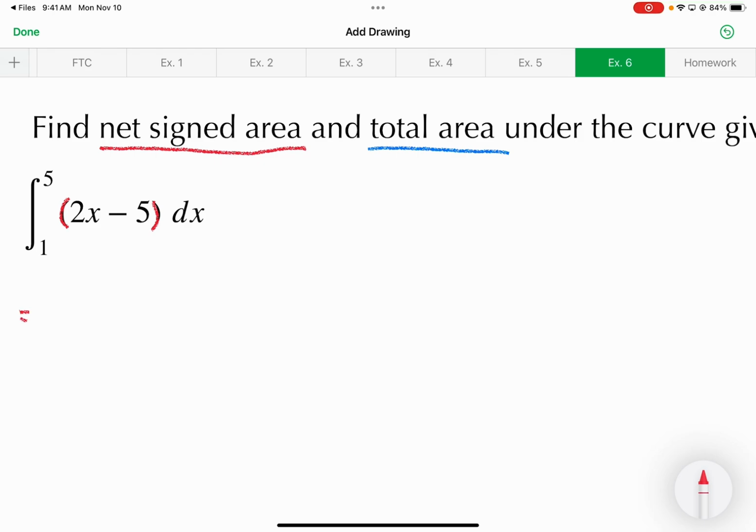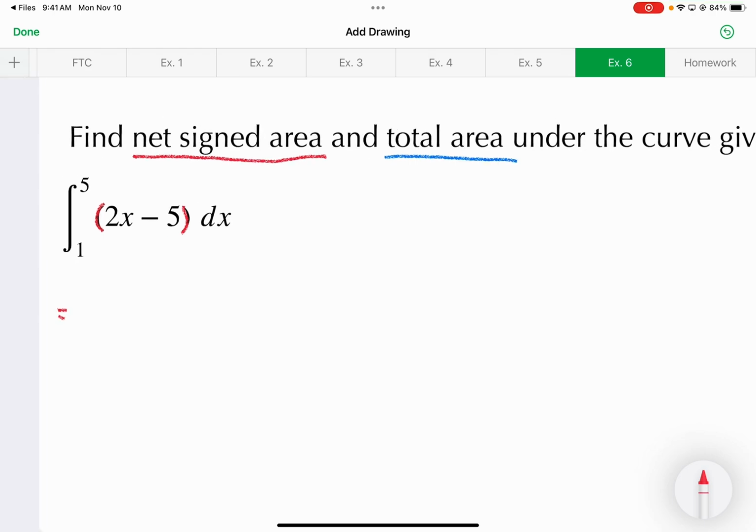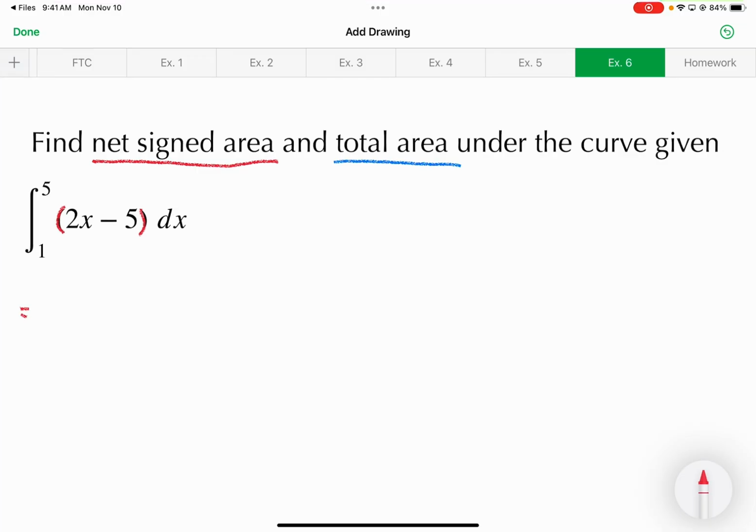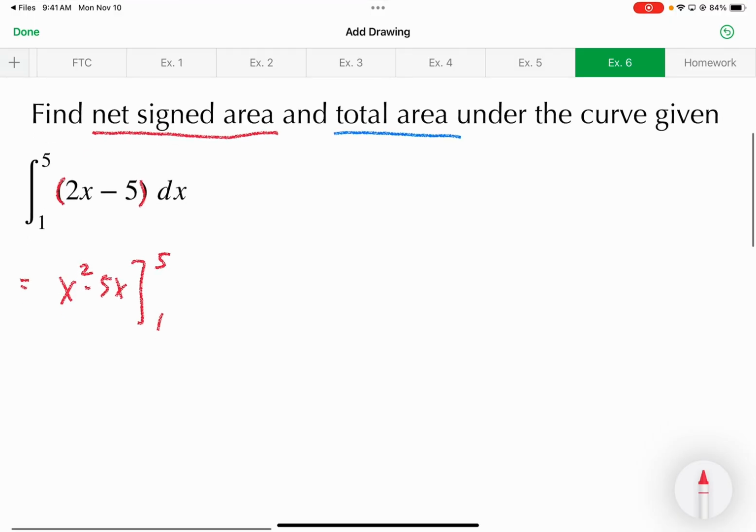All right, so antiderivative of 2x minus 5. We'll just do this as we did all the other examples. So x squared minus 5x, and I want to evaluate that from 1 to 5. Which gives me 5 squared minus 5 times 5, and then minus 1 squared minus 5 times 1.